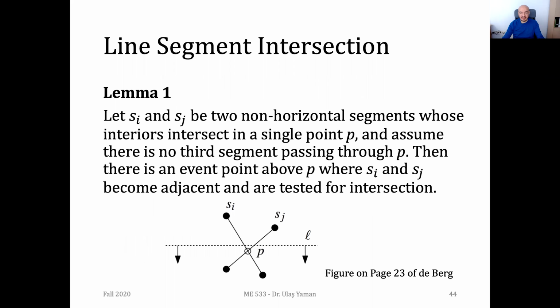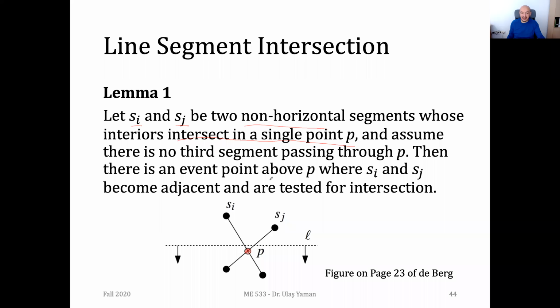So this actually summarizes our first lemma, a small theorem if you remember. So we have line segments SI and SJ. And we are assuming that they are non-horizontal. Another assumption is that they intersect in a single point P. This is P here. And another thing we are assuming is that there is no third segment passing through the same intersection point.